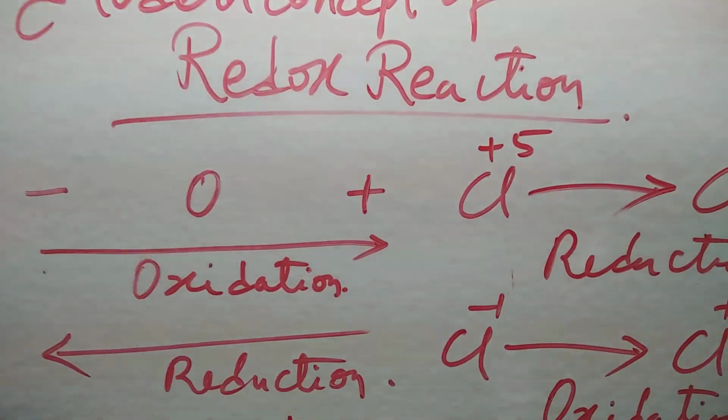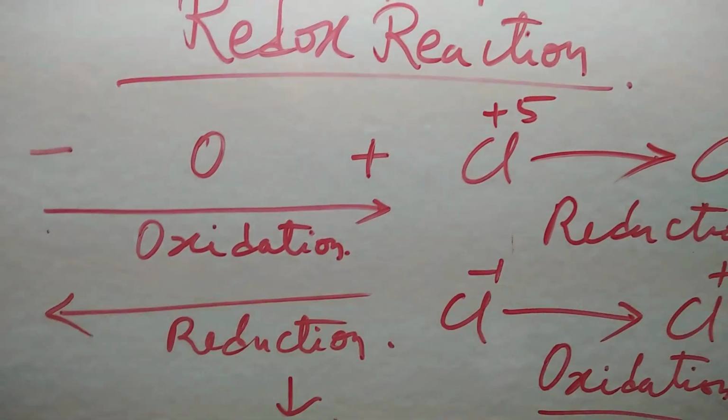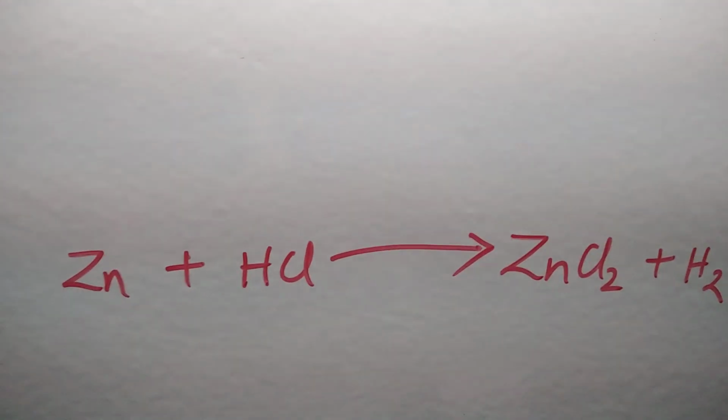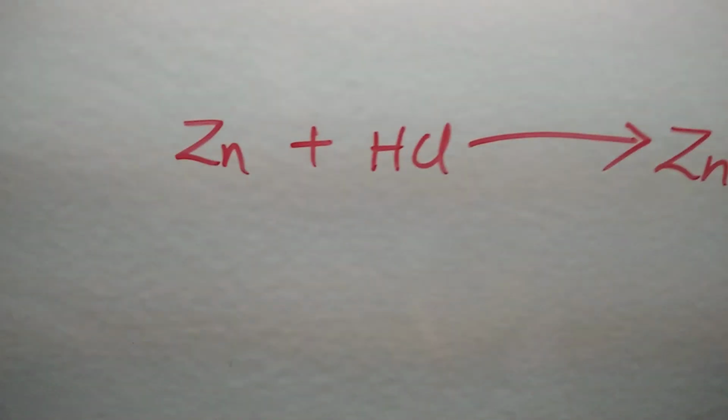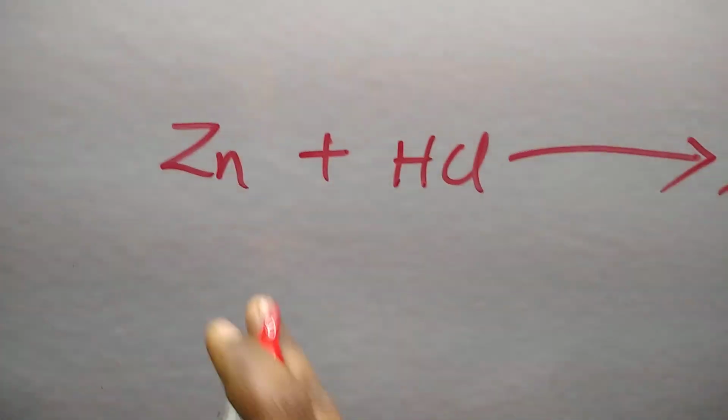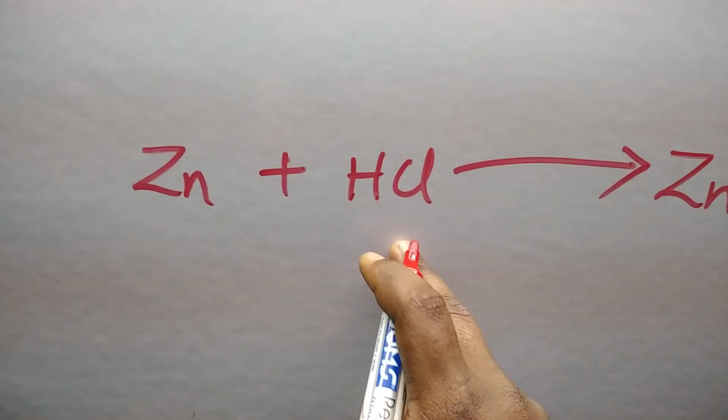Okay students, let's see the previous example only. And remember one thing, for the neutral case, that is 0, when any species is not pairing with any other atom to form a compound. Let's see here only, zinc, Zn, and HCl.